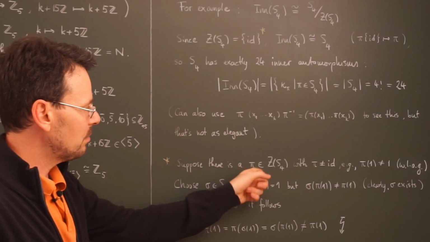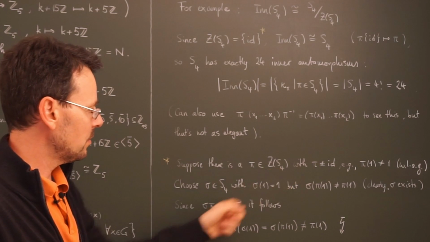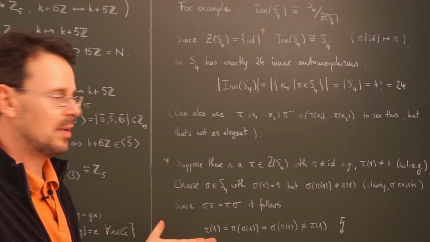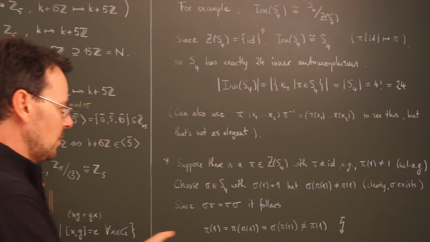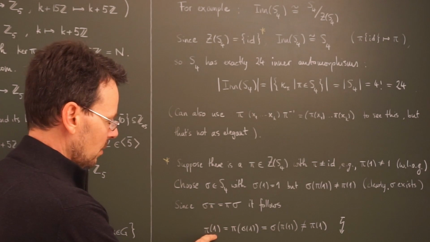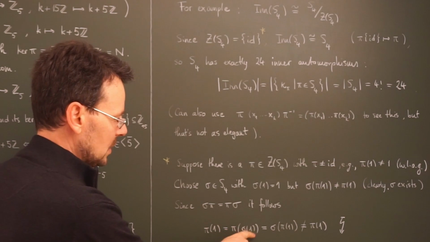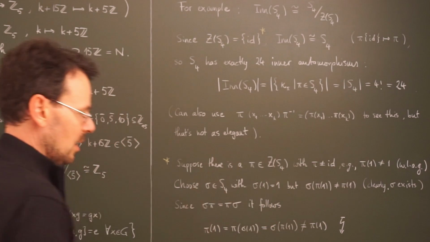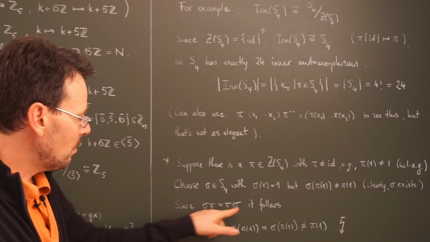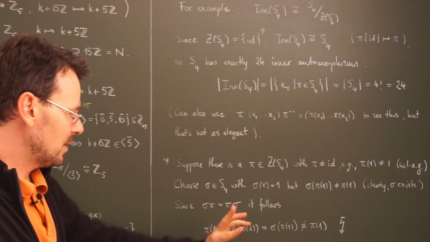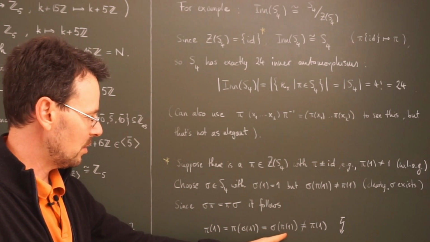And now we assume that pi lies in the center of S4, so it commutes with every element, especially with sigma. And now we have a contradiction as follows. Pi of 1 is pi of sigma of 1, because by construction sigma of 1 is 1. But now pi sigma and sigma pi are the same, so I can interchange the order here.